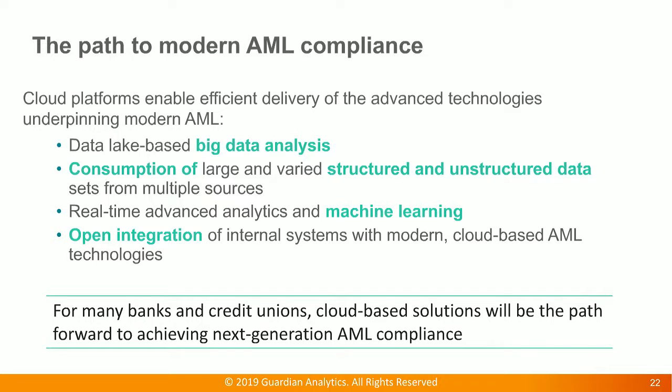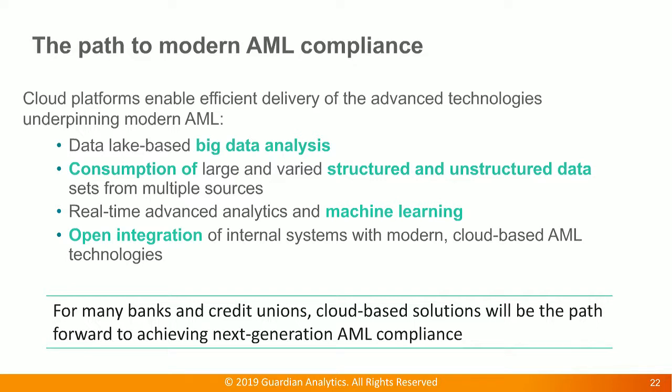So to summarize the path to modern AML compliance, and Neil, please chime in whenever you want. It is necessary to have a single financial crime repository based on the data lake where you have the 3 V's: volume, variability, and velocity are key.